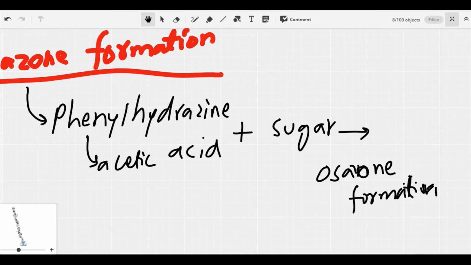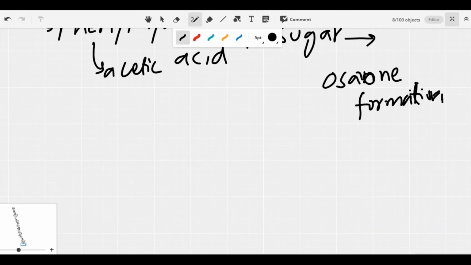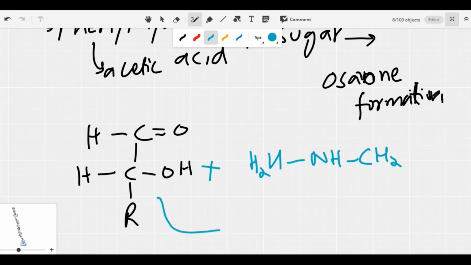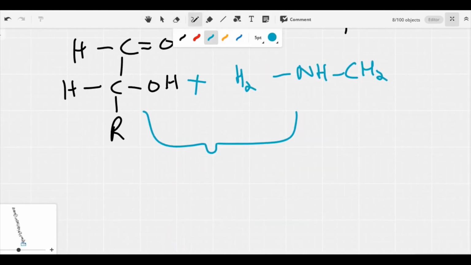For example, we are going to take glucose, and I am going to give R for the other groups, reacting with phenylhydrazine.